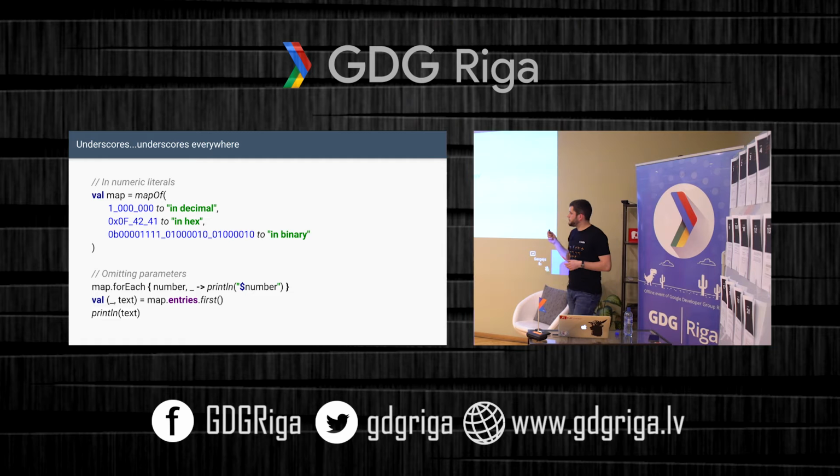Another option is to put them in what's called destructuring. Destructuring parameters or assignments. Basically, when you have a simple data class, you can assign it as a set of parameters.